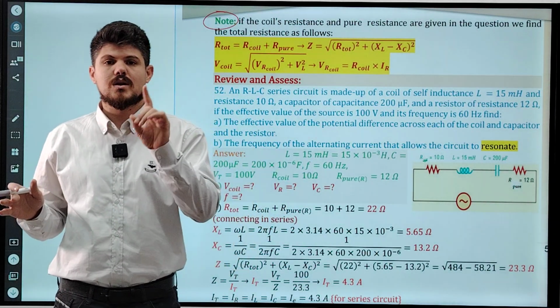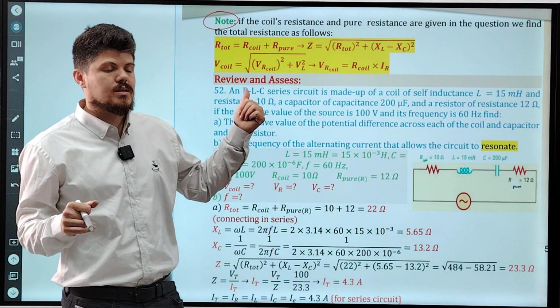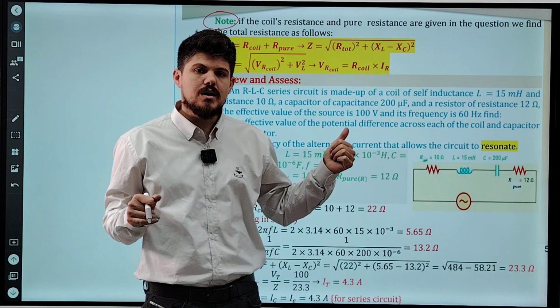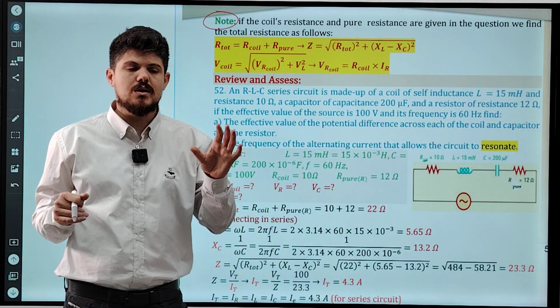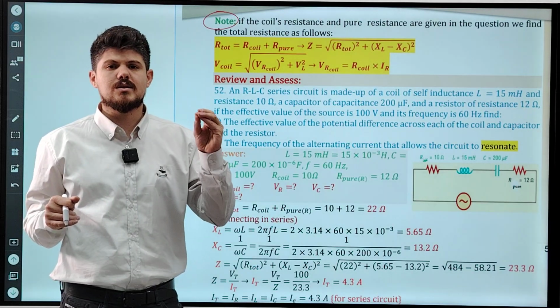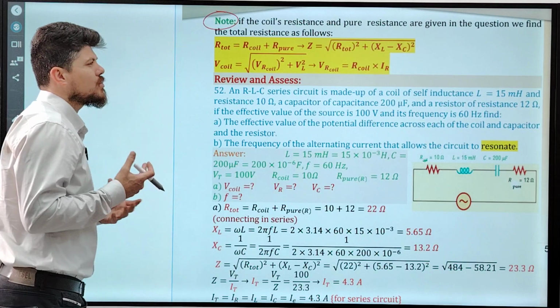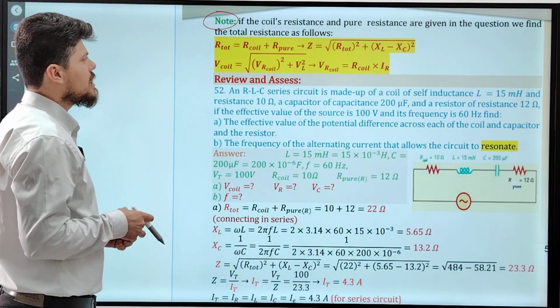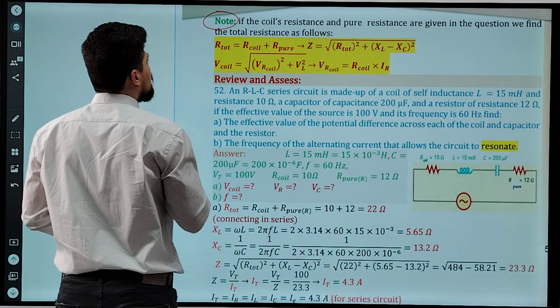As you learned in a previous lesson in our LC series connection, when the coil is pure, or when the inductance is pure, you have to assume that this coil has no resistance. Okay? But when the coil has resistance and also the pure resistance is given, you have to find the total resistance.